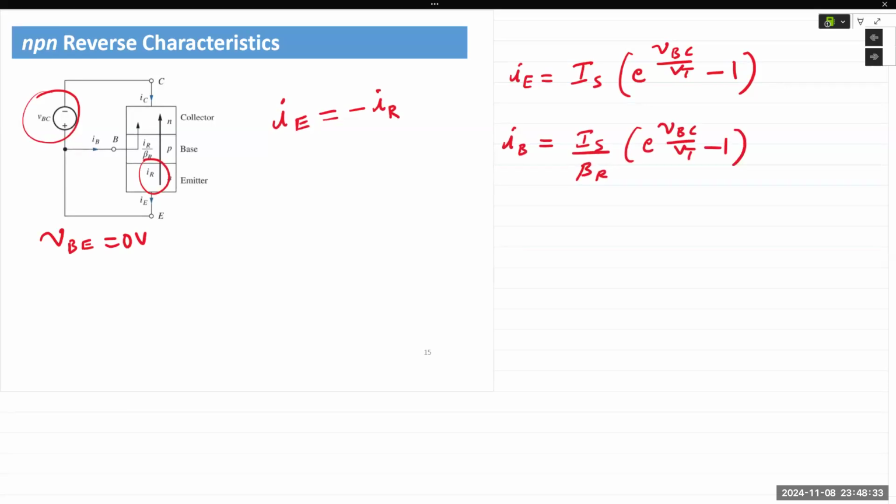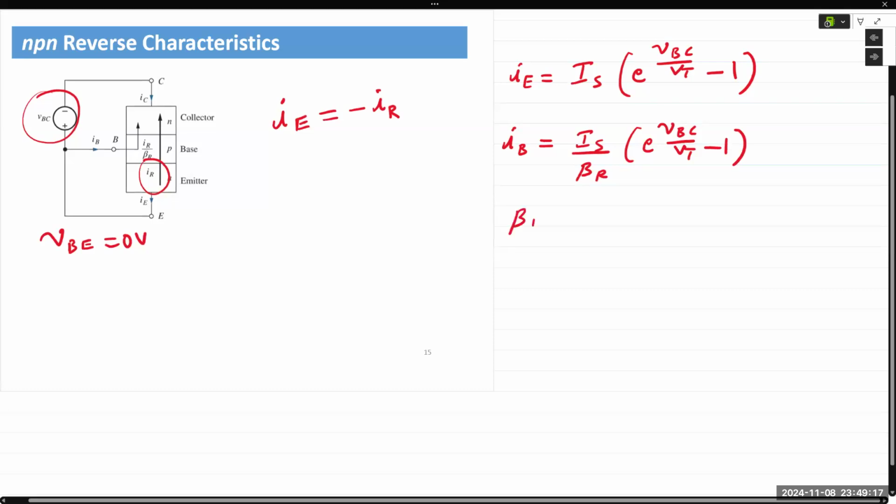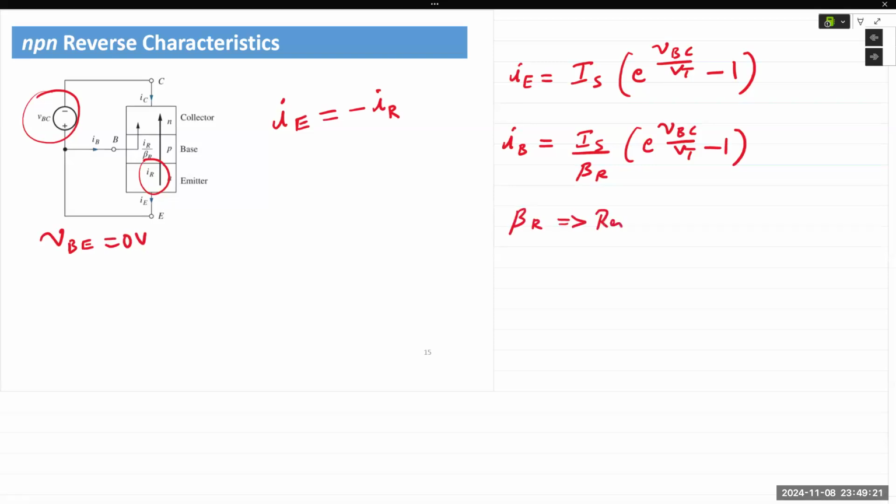Now, beta R is the reverse common emitter current gain.